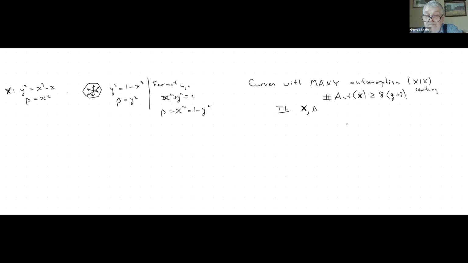The pair is non-deformable, rigid. So it cannot be included in a non-trivial family together with automorphisms. And then the quotient of x over the automorphism group is rational.